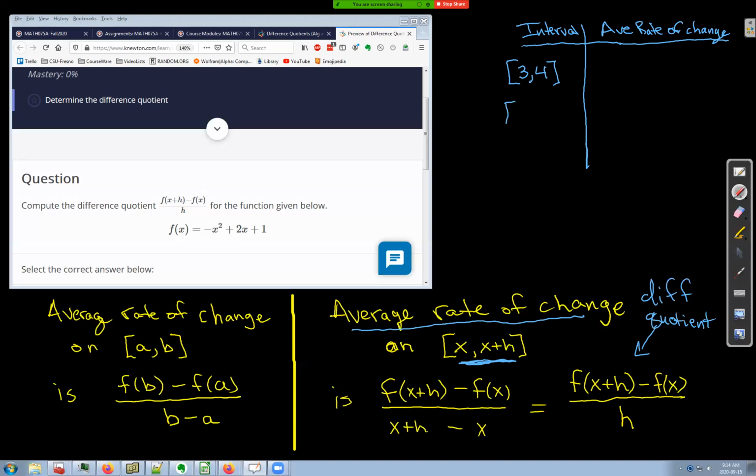And then I would look at the average rate of change from, say, 3 to 3.5. And then from 3 to 3.1. And then from 3 to 3.01, and so on.